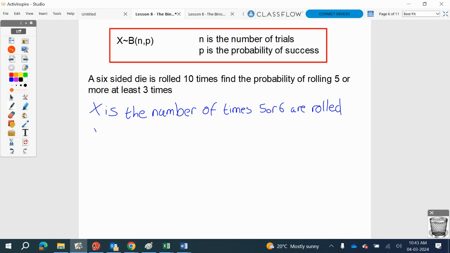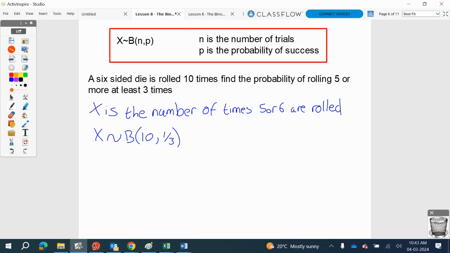How is x distributed? Well, it's distributed binomially. How many trials are there? 10. What's the probability of success? We want a 5 or a 6 out of how many? 6. So we want 2 over 6. The probability of success is 2 over 6 or 1 over 3.